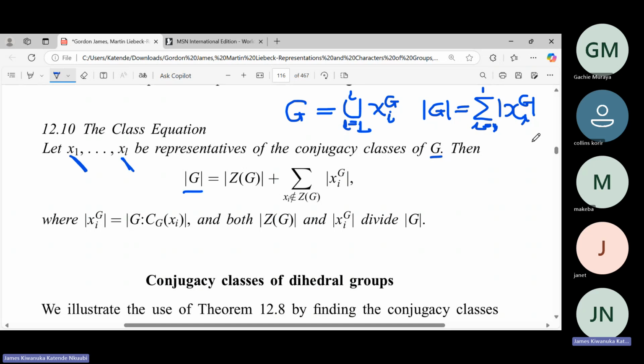But this can be split further. It can be split into the conjugacy classes of x_i in G where the number of elements in the conjugacy class is equal to 1, and the second set, where the number of elements in the conjugacy class is more than 1.